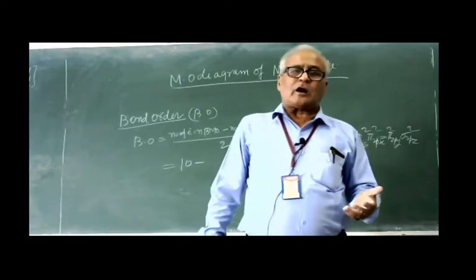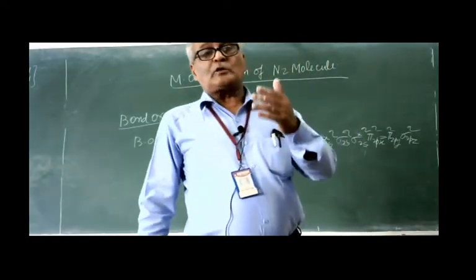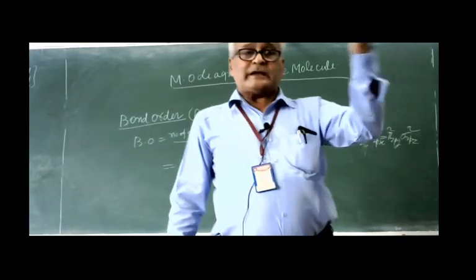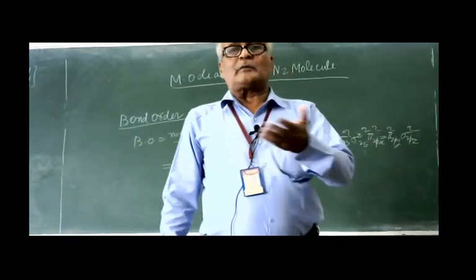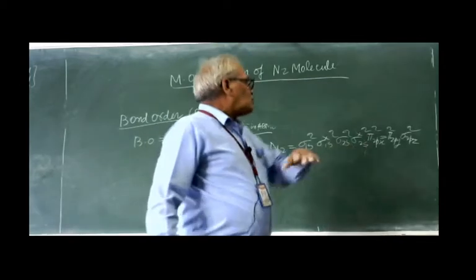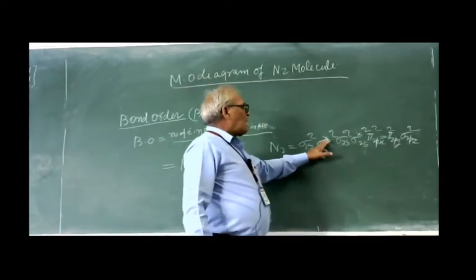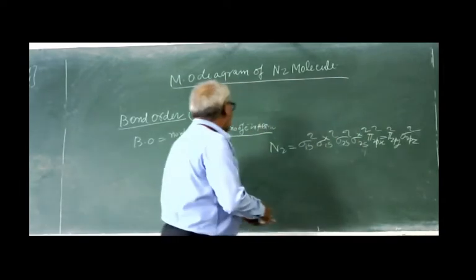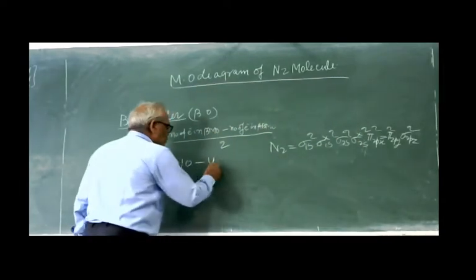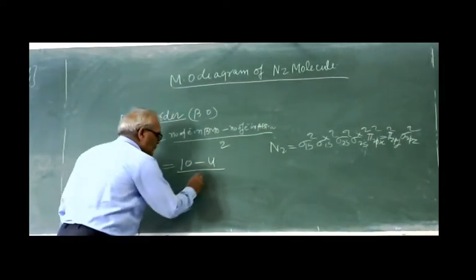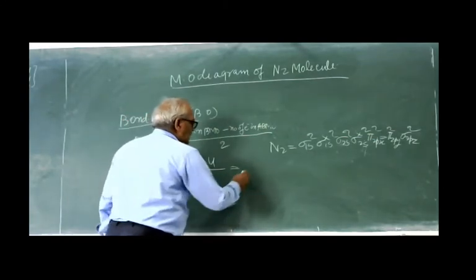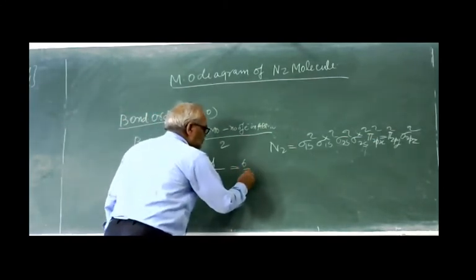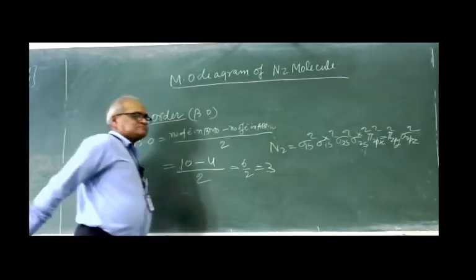Anti-bonding molecular orbital means a molecular orbital having higher energy than the atomic orbital. So here there is a star, it contains 2 electrons here, 2 electrons here, there are 4 electrons in anti-bonding. So we put 10 minus 4 upon 2, it is 6 upon 2, equal to 3.